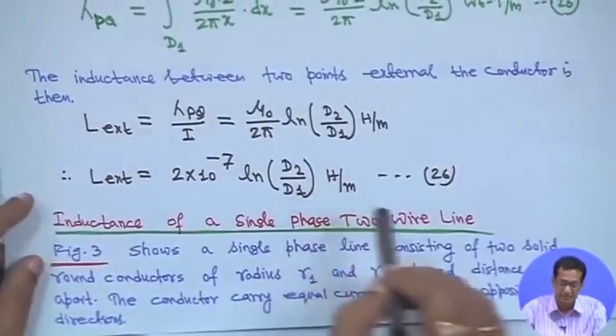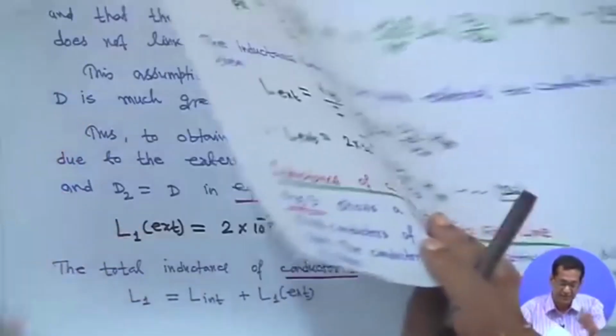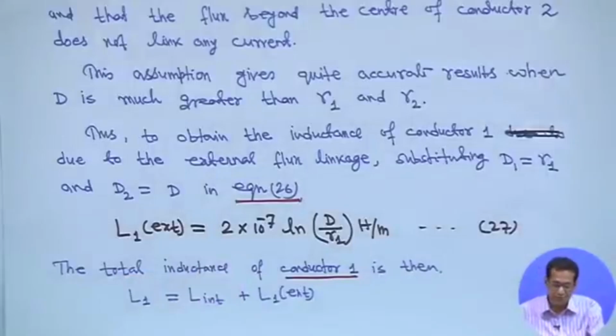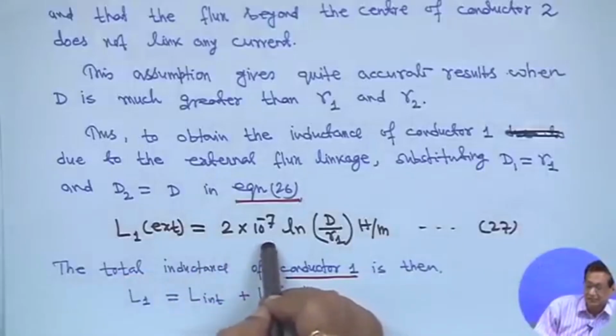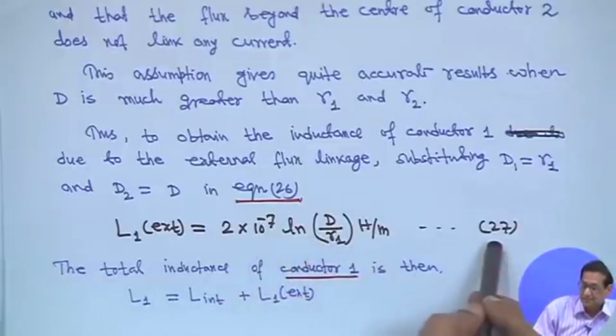So directly in this equation, D1 is R1 and D2 is D. That is why you will get L1 external equal to 2 into 10 to the power minus 7 ln D upon R1 Henry per meter. This is equation 27.